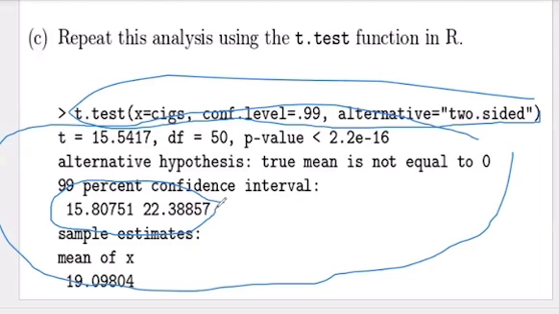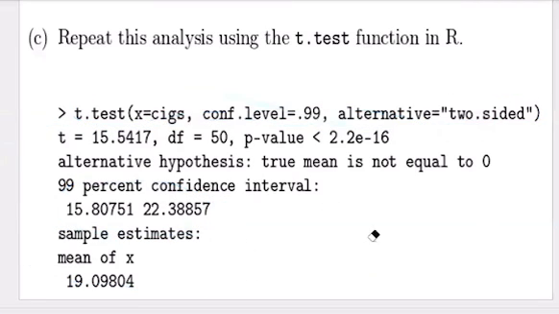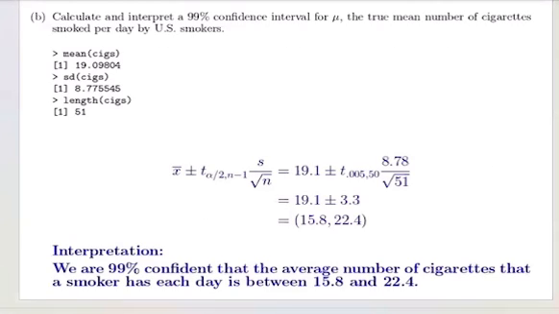So that's a straightforward code: t.test, the name you used to save your data, the confidence level indicated, and alternative, always two-sided when you are constructing an interval. When you take a look at what we got, 15 point something, you're going to see that is the same as what we got here.